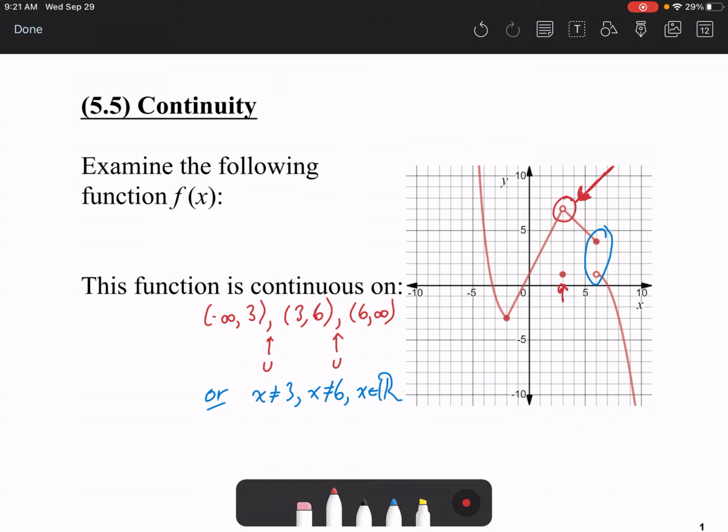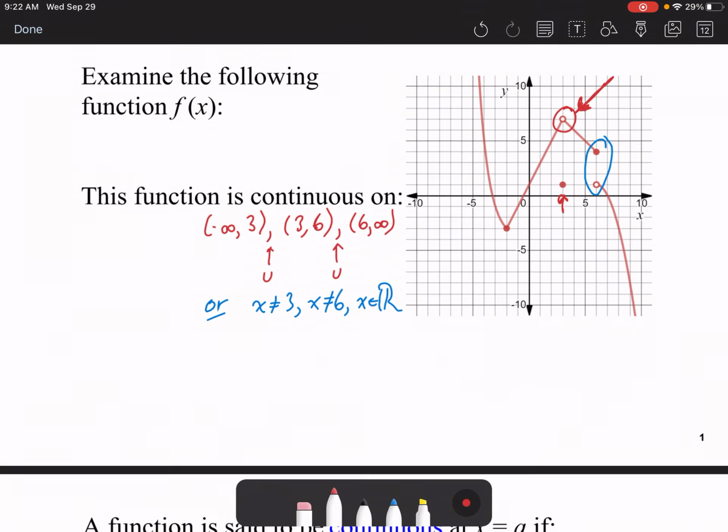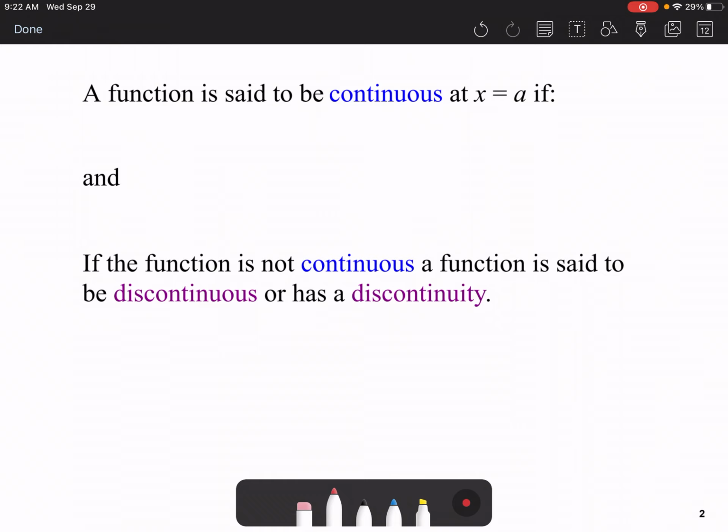So we're going to look at continuity and the definition of it today. For a function to be continuous, first of all, the limit must exist. So the limit as x approaches a from the left for a function must equal the limit as x approaches a from the right for that function.